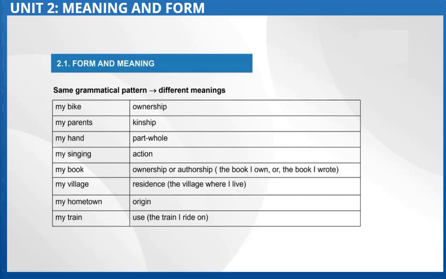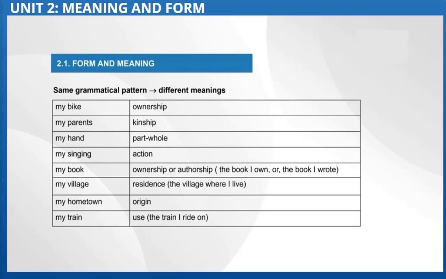But when we say my bike, it refers to ownership. Kinship is also expressed by my when we talk about our family members, like my parents. But my hand expresses the part and whole relationship. My singing refers to actions.